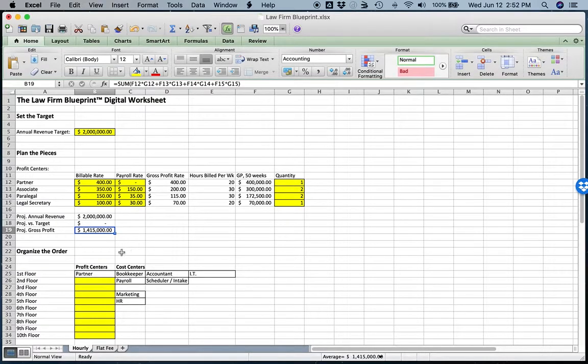That's not bad. And so the way we would fill out the order of hiring is the partners obviously first, then we hire one associate. At that point, we probably need to bring on payroll and some kind of intake scheduler. So if we're bringing on an intake scheduler, that's probably a paralegal or a legal secretary. So let's say it's a paralegal next.